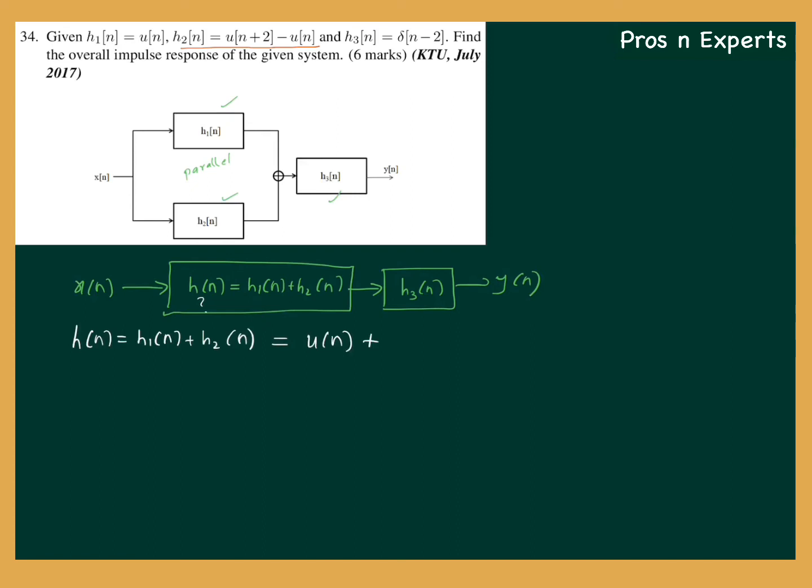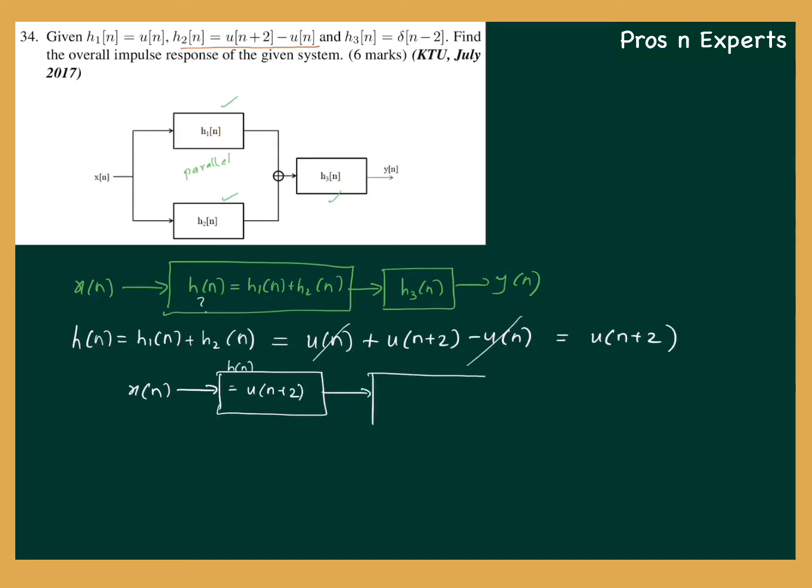So you can cancel u of n and minus u of n. That will give you h of n is equal to u of n plus 2. Now x of n, then u of n plus 2 is the h of n.